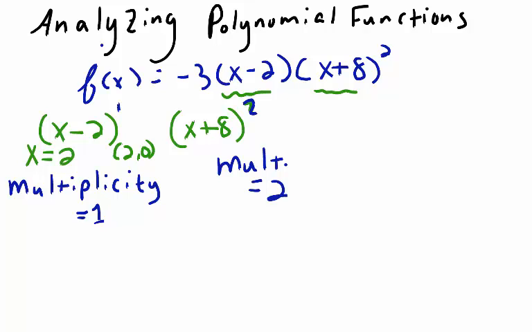To determine whether each factor crosses or touches the x-axis, we look at its degree. In other words, each factor is raised to a power. That's its degree. For x minus 2 to the first, the multiplicity is 1, and because that's an odd multiplicity, we know that the graph is going to cross the x-axis.